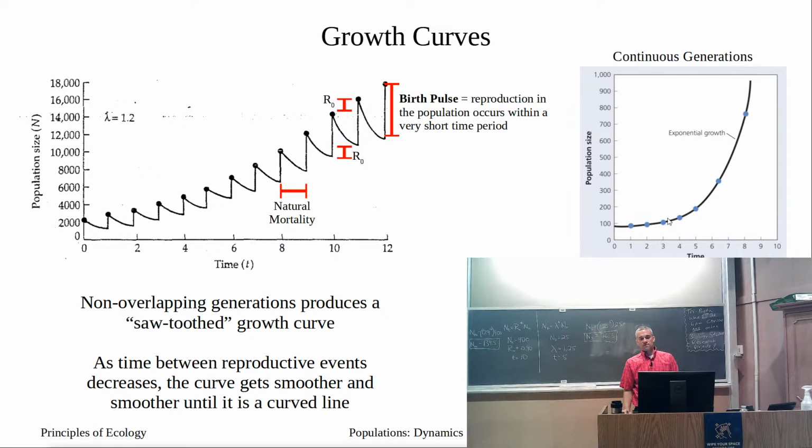This smooth curve is when we have continuous generations, where we have reproduction that can occur at any time throughout a year. So we get to this by basically decreasing that time between reproductive events. This continuous generation growth curve is our exponential growth curve. This is what our exponential growth curve will look like.